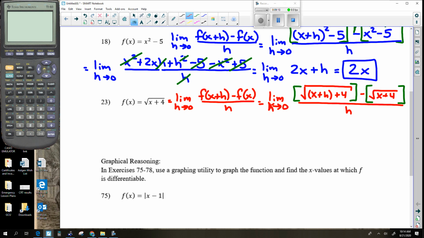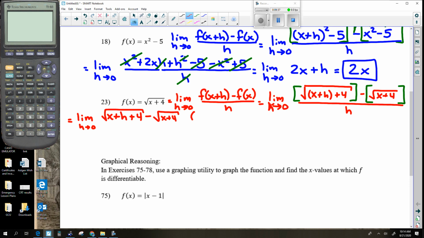Okay, what I'm going to do is multiply this top side by the conjugate. Limit as h goes to 0 of the square root of x plus h plus 4 minus the square root of x plus 4, over h.